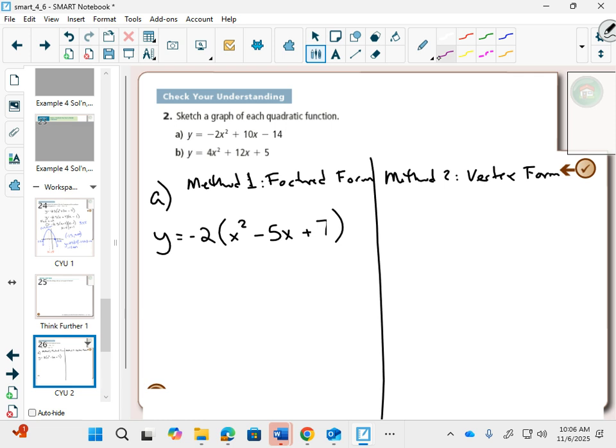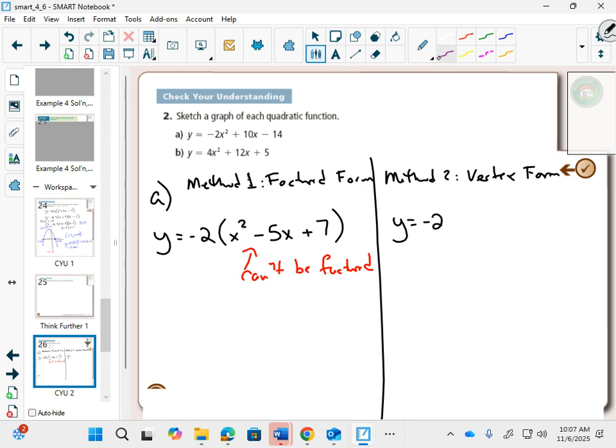Right, because I take out the -2 and it can't be factored. Number one thing about the factored form that people don't like, it doesn't always work. So then, if I can't factor it, I'm going to go to the vertex form.